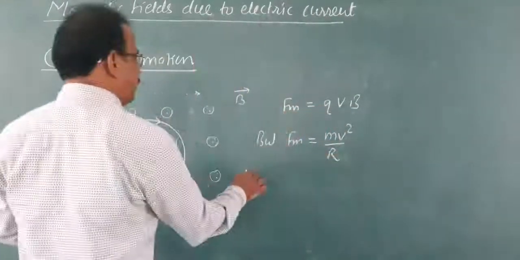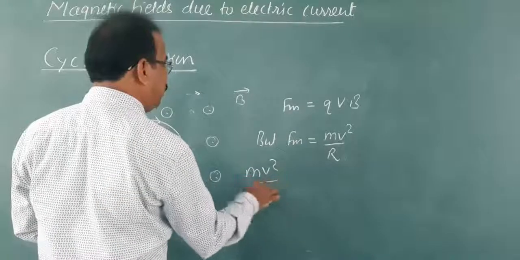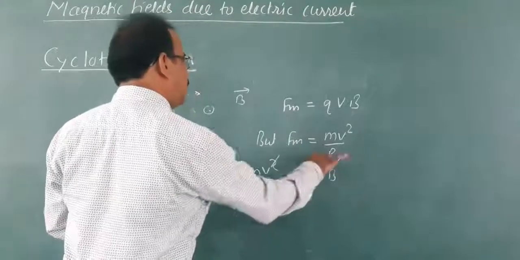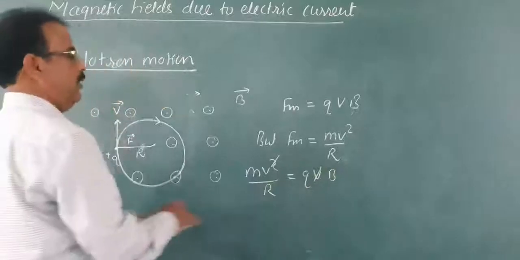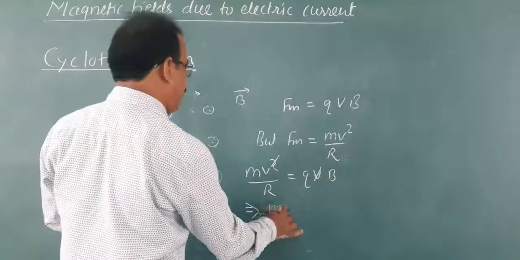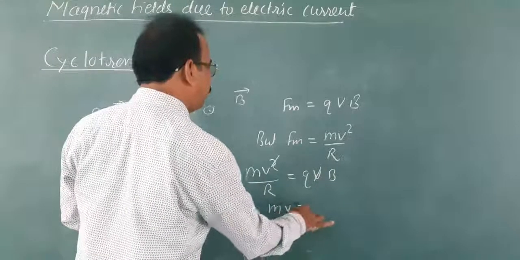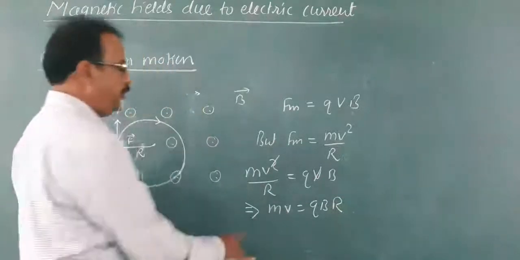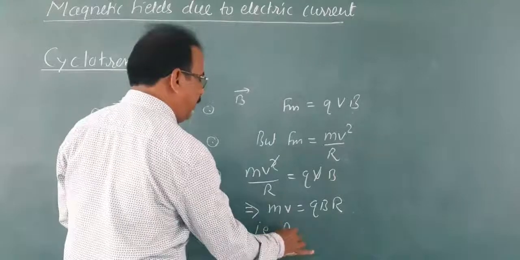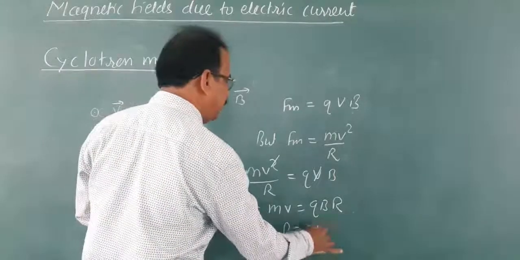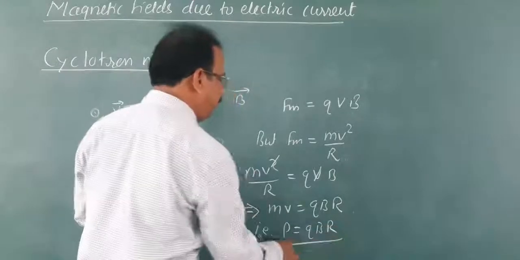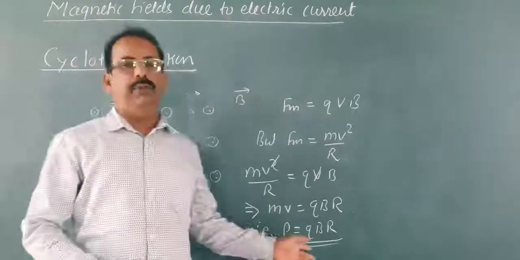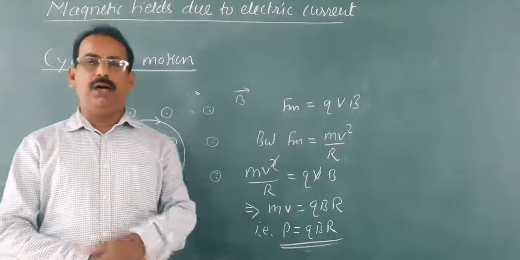Equating this mv square by r with q into v into B, cancel this one velocity. We get from this mv equal to q into B into r. That is, linear momentum of charged particle p is equal to q into B into r.